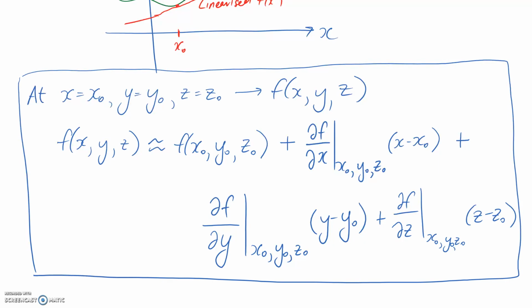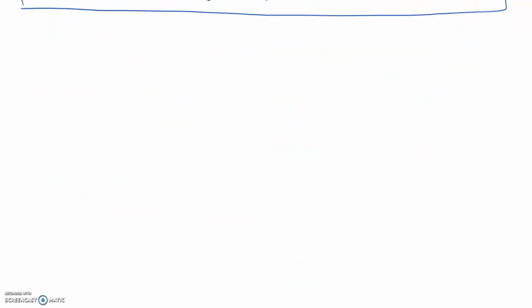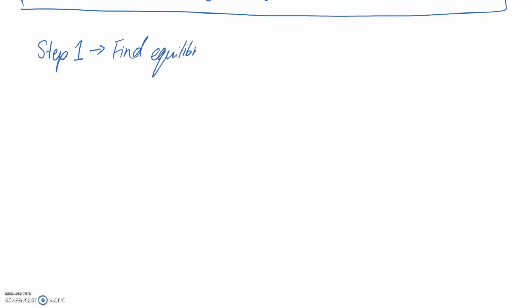So the last little bit here is just the application of this process to our control problems. So we've got two kind of steps that we need to go through. So step one in doing this is that we need to identify or find our equilibrium position, or values, same diff.